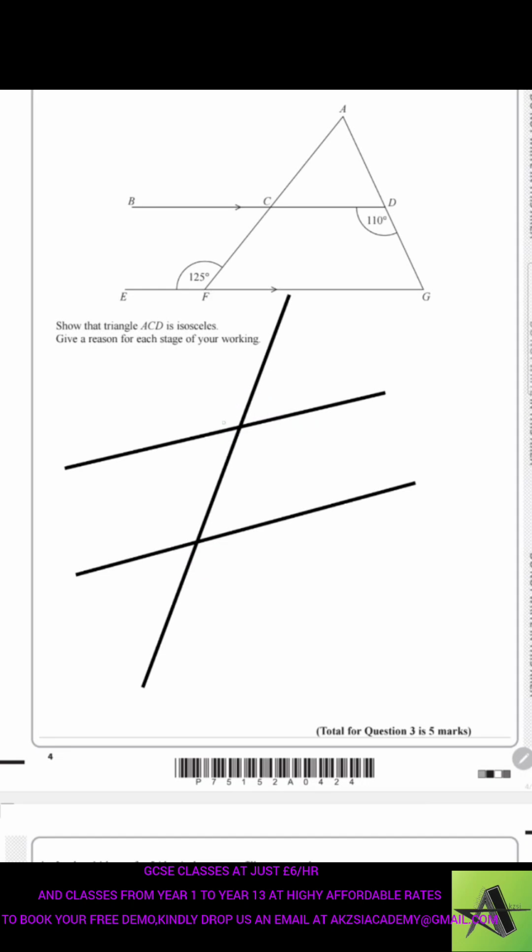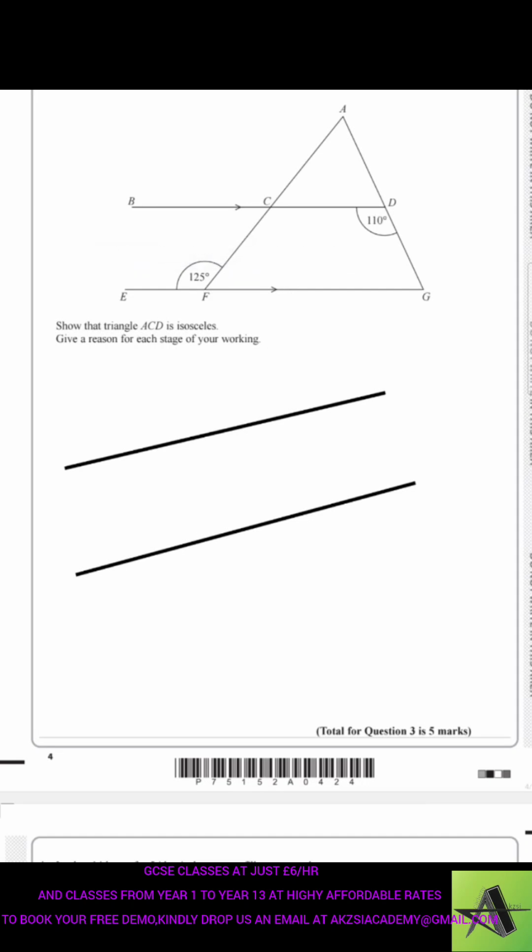Alternate exterior angles are this one and this one, and they are equal. But the three that I have discussed, corresponding angles equal, alternate interior angles equal, and sum of interior angles equal to 180 degrees, will help you in finding the value for any type of question.